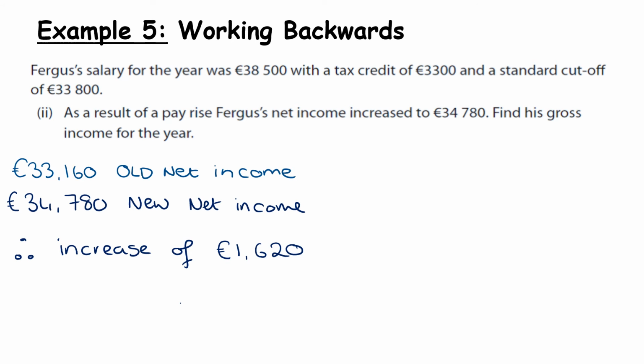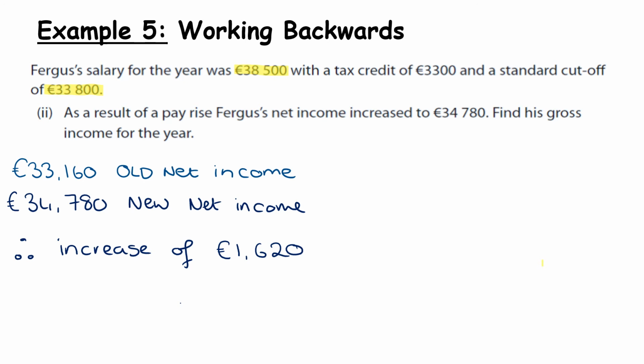Now, we're not going to focus too much on working backwards like we've seen before, because if we think about this question logically, in example 4, there was a standard rate cutoff point, and we have it here, 33,800. Fergus earned 38,500, which means that there was already a portion that he was being charged higher tax at.